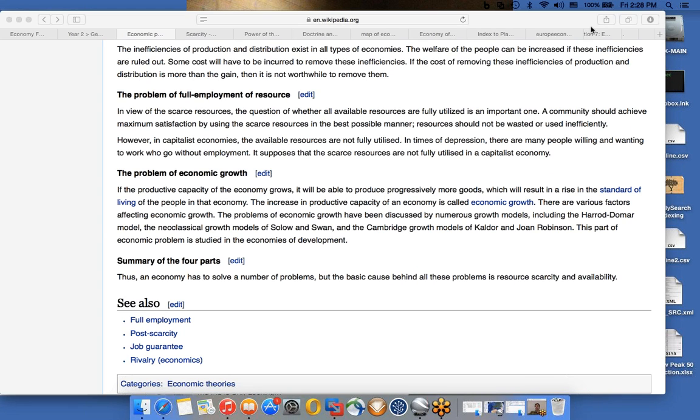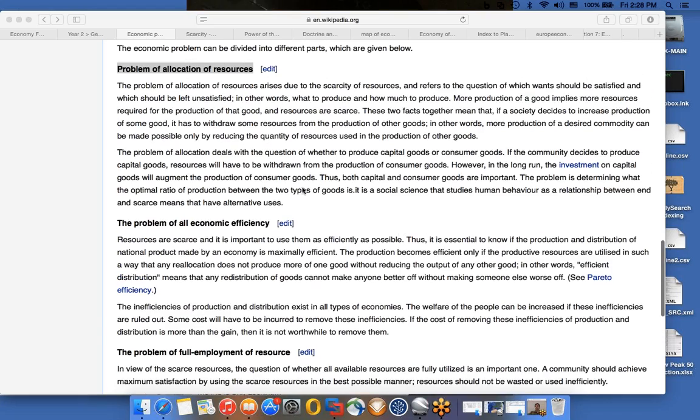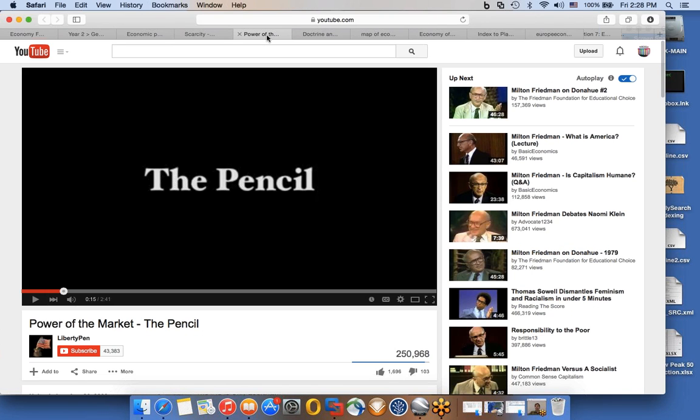Now, the interesting thing is that in a free economy, where you don't have people or groups of people deciding what to produce, things are produced best, and at the better cost.